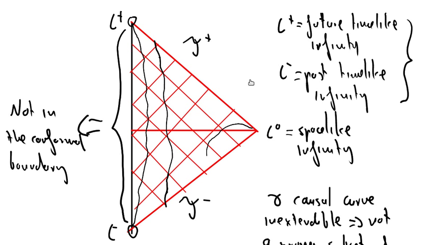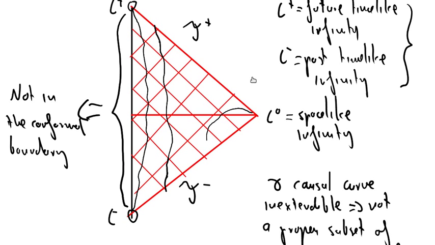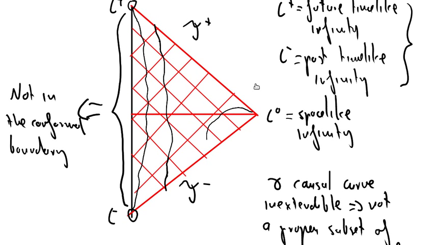The other reason is that inextendable curves whose endpoints are at I plus or I minus are curves which satisfy an interesting property, and are curves which don't have particle horizons.